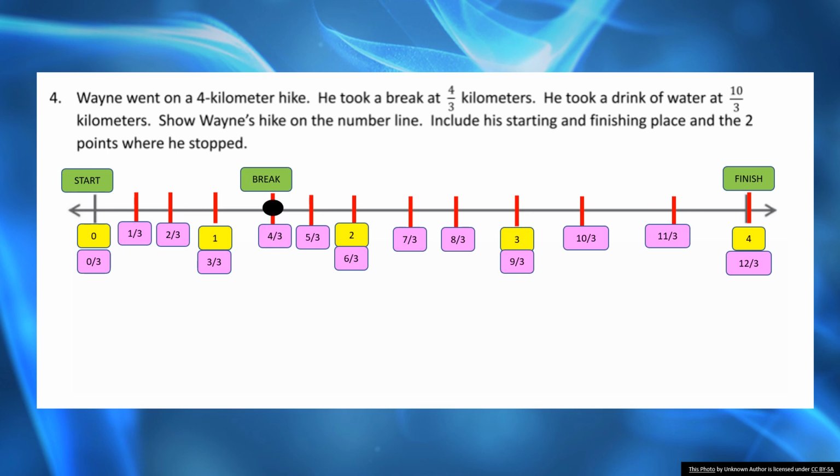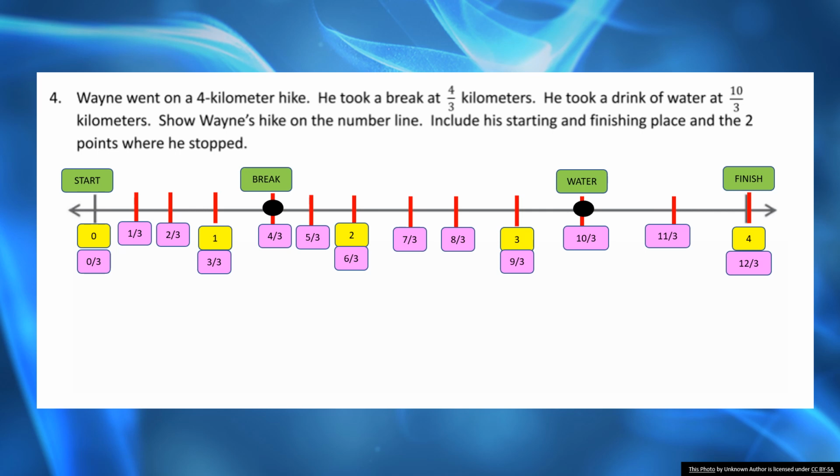So you're going to write start above 0, and you're going to write break and put a dot at 4/3 where he took a break. Now, it says he took a drink of water at 10/3 kilometers. So we're going to locate 10/3 kilometers, and you can just write water there and plot a point or place a dot at 10/3.